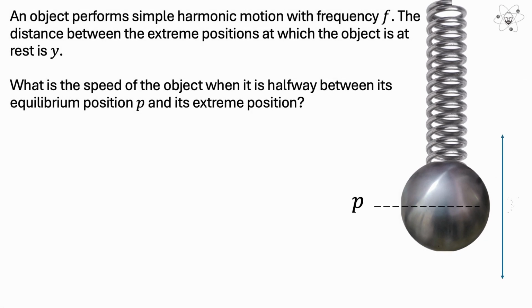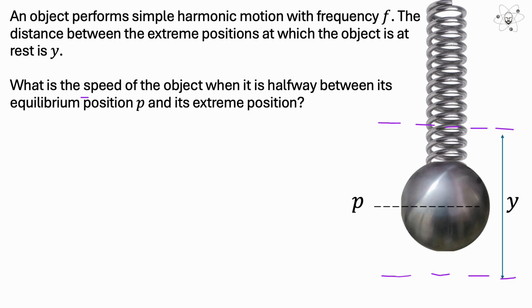We've got an object, a mass on a spring, bouncing up and down with simple harmonic motion with frequency f. The distance between the extreme positions is y, the amplitudes, and the object at equilibrium is in position p.